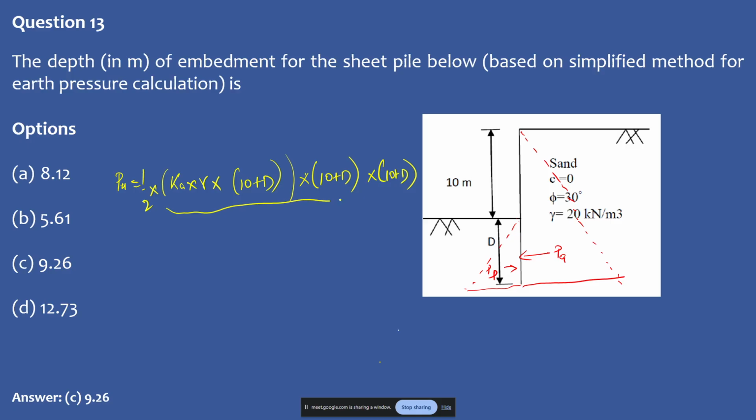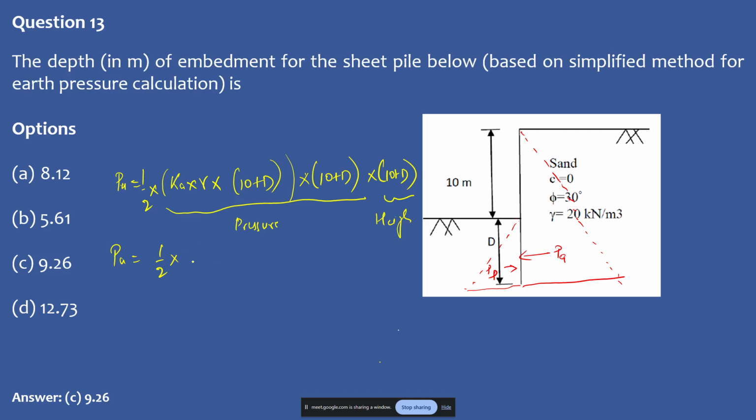This is corresponding to your pressure, and 10 plus D is your height. So your P active is basically half times pressure into height.